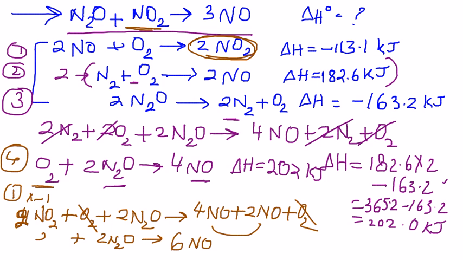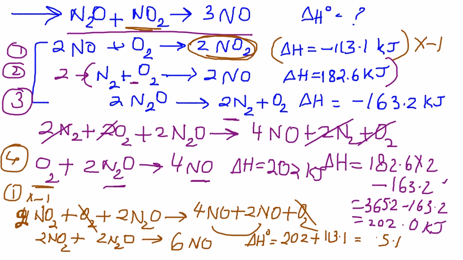And since 2 is a common factor, you can simply, let's first calculate the delta H and then we'll divide that by 2. So remember we had flipped that equation, so multiply that by -1, and we had added that, so 202 plus 113.1 is going to be 315.1 kilojoules.